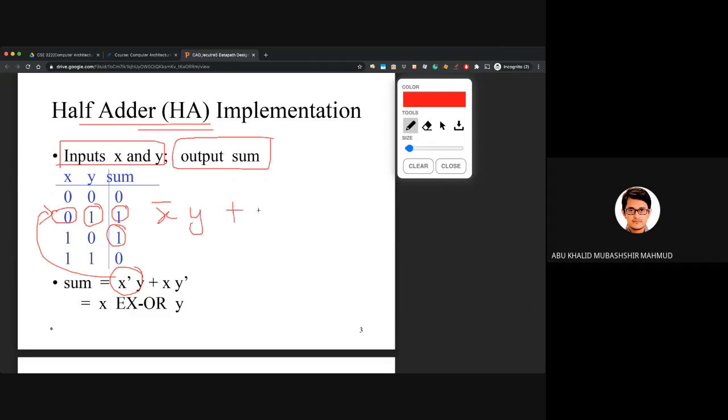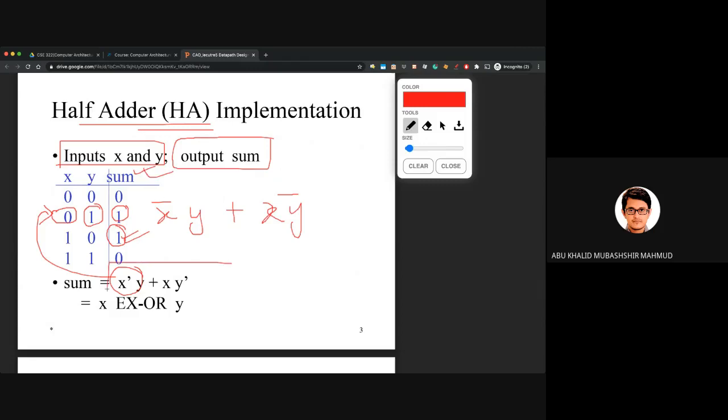Then, when we input 1 in x and 0 in y, we get another value of 1 for the sum.